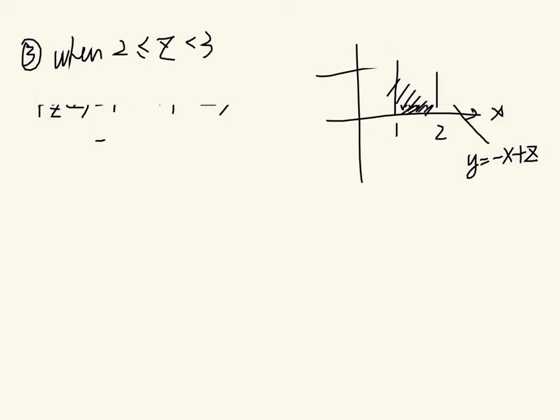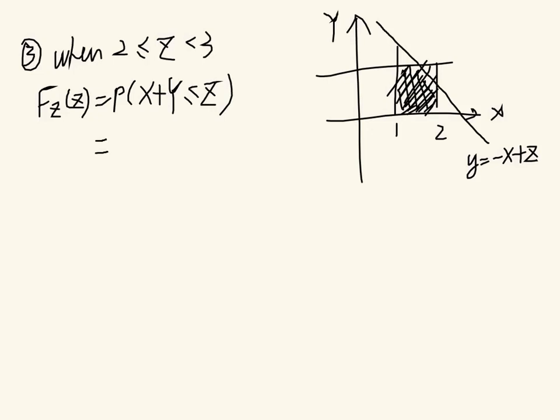So we have that it's equal to the total probability 1 minus this little shaded area. Let's compute it.